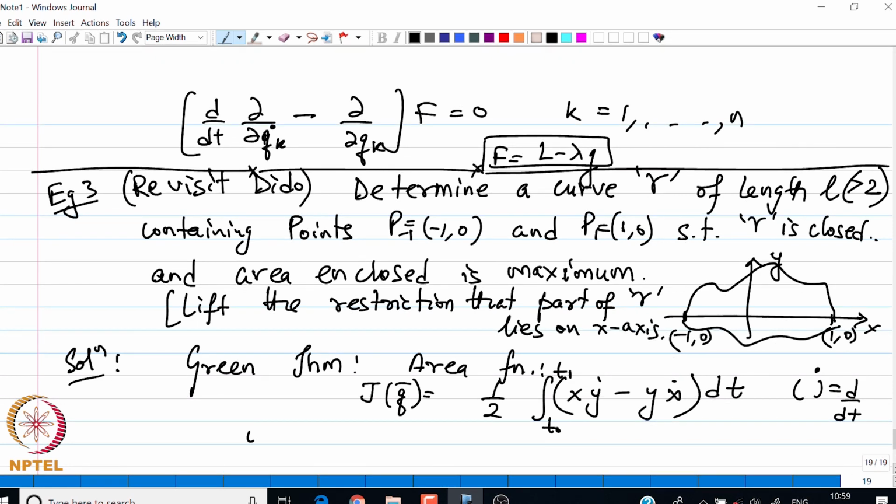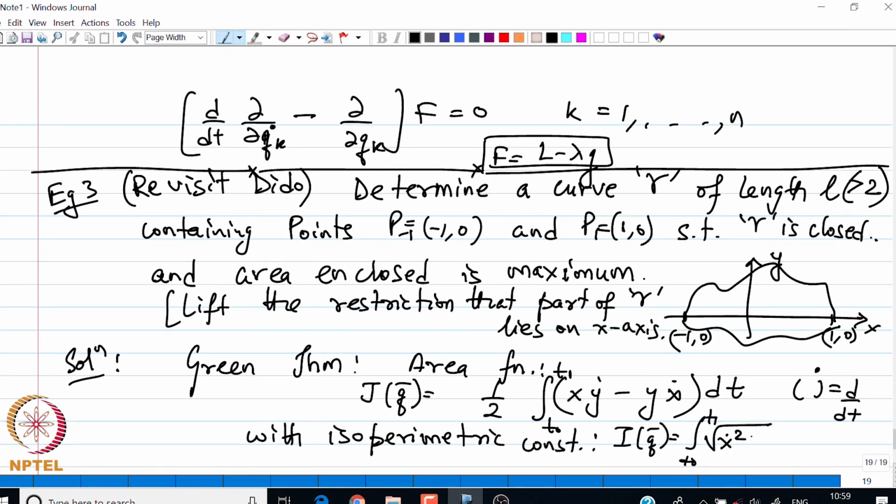And now I have the isoperimetric constraint as follows. I see that I of q bar is also equal to integral from t0 to t1 of square root of x dot square plus y dot square dt, which is equal to L. So, this is my condition set equal to a constant L.